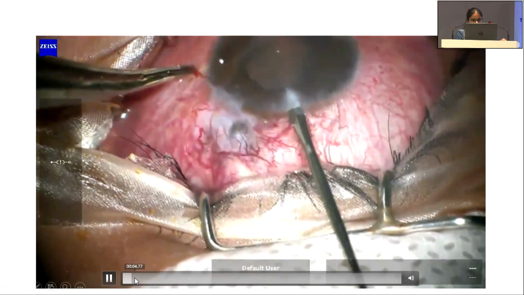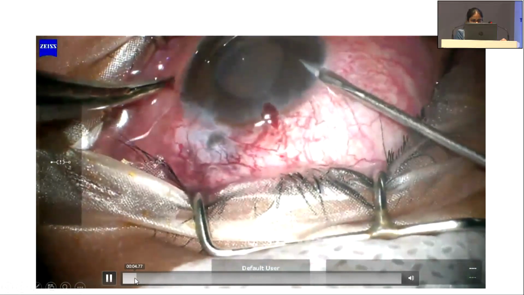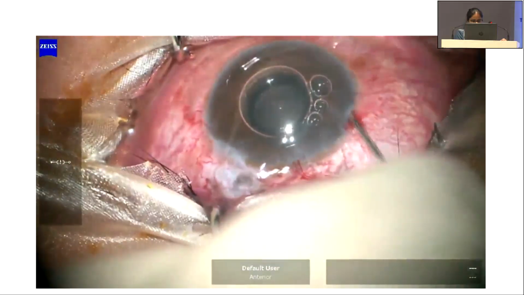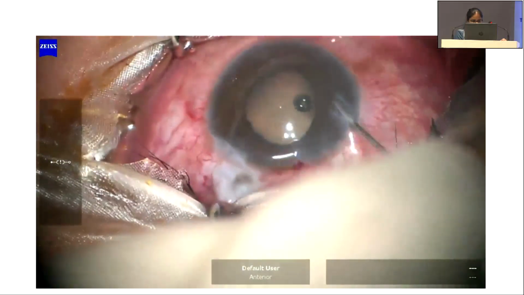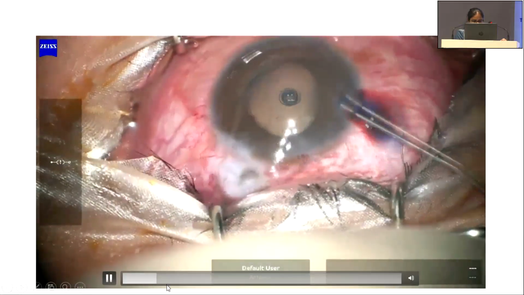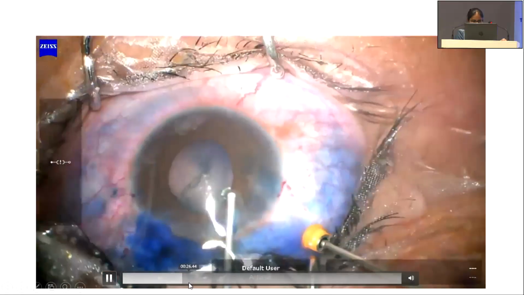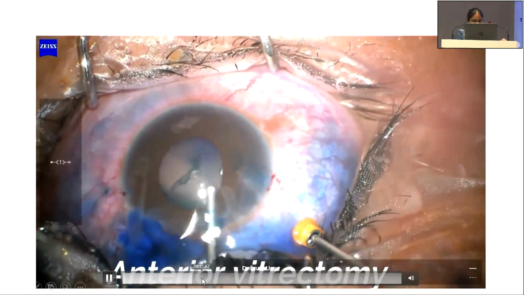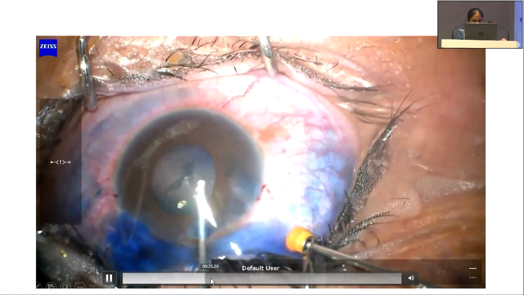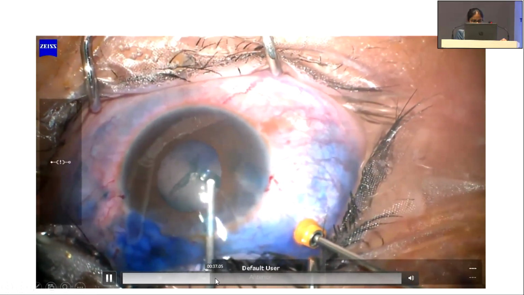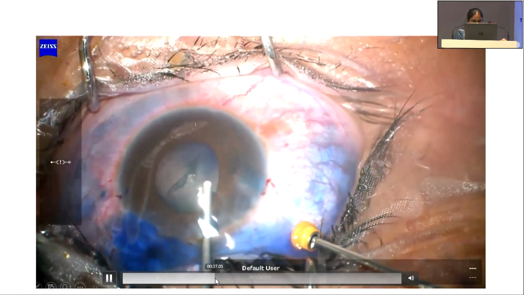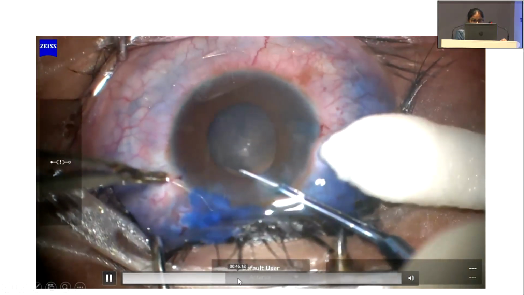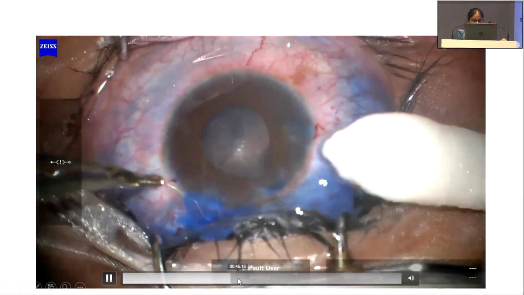We were not able to put the dye, and we did the anterior vitrectomy, and after doing the anterior vitrectomy we were able to form the AC. And we were able to do capsulorhexis easily.